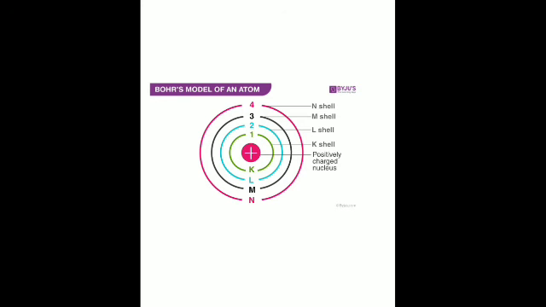That is, shell number 1 is considered as K shell, then shell number 2, n is equal to 2, is L shell, then n is equal to 3 is M, and so on. So shell number 1 has minimum energy and shell number n has the maximum energy.